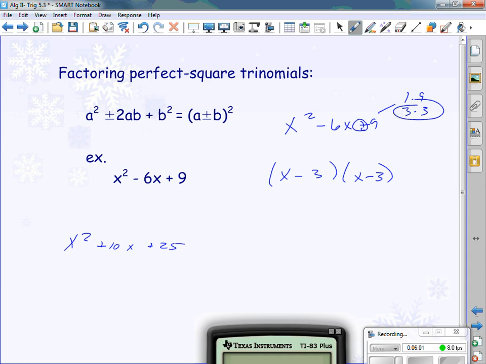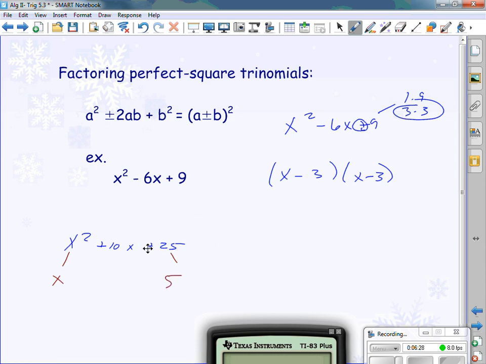x squared plus 10x plus 25. For any problem, I look. Can I pull anything out? No. Next thing I want to look at, is it special? To tell if it's special, can I take the square root of the first term? What is it? X. Can I take the square root of the last term? It's 5.